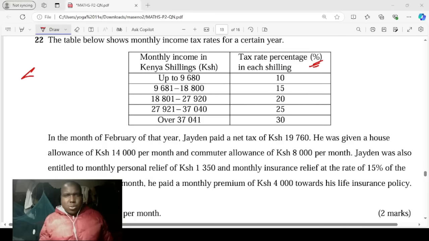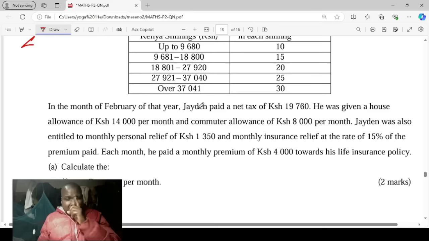So remember that percentage. In the month of February of that year, Jaden paid a net tax. Net tax is equal to net income is equal to pay. So he paid 19,760. He was given a house allowance and a commuter allowance of 8,000.